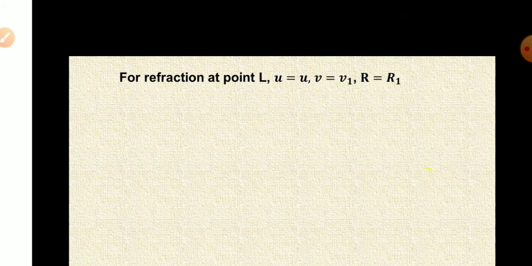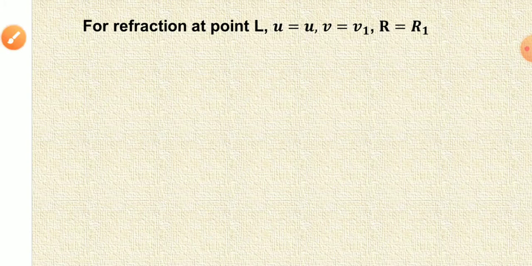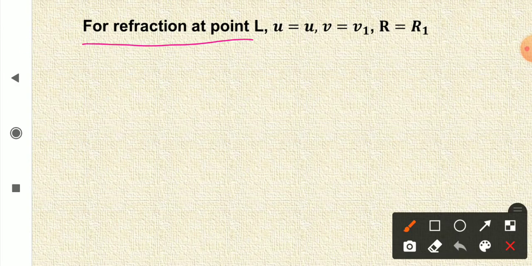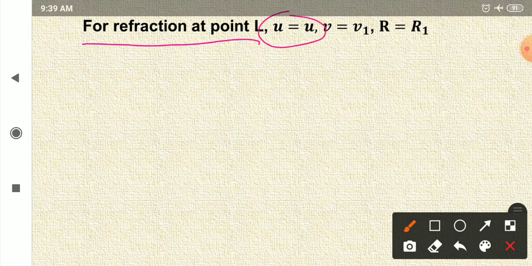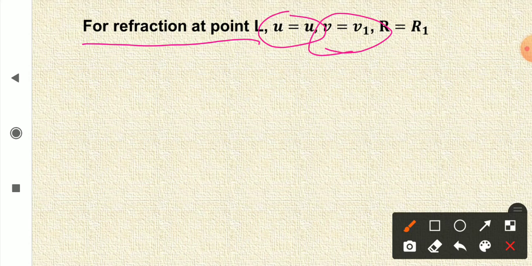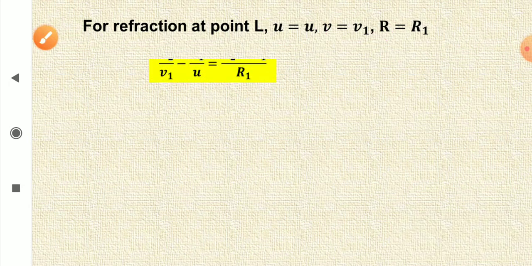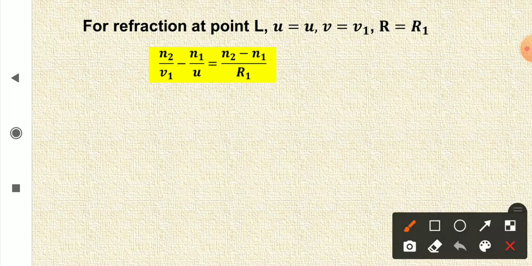So for refraction at point L, the object distance is U, the image distance is V1, and R is equal to R1. And then the equation becomes N2/V1 - N1/U = (N2 - N1)/R1. This is refraction from rarer to denser medium.